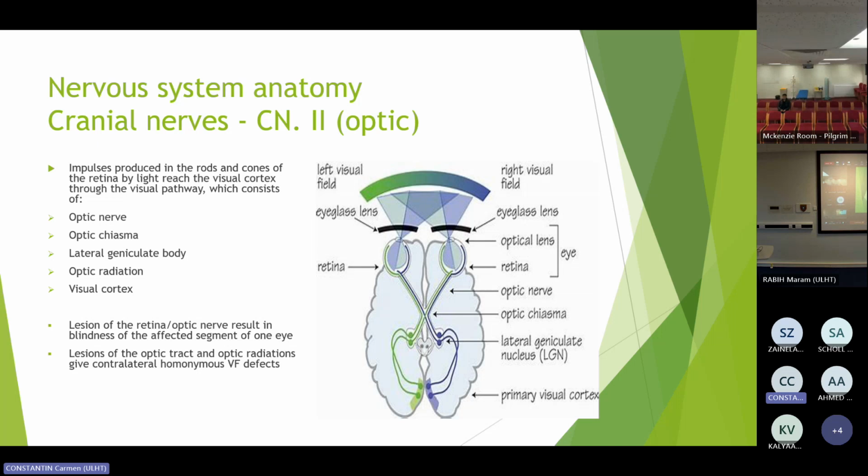So lesions of the retina or optic nerve give blindness in the affected segment of only one eye. If it's before the chiasm, lesions of the optic tract and optic radiations are going to give opposite homonymous visual field defect.